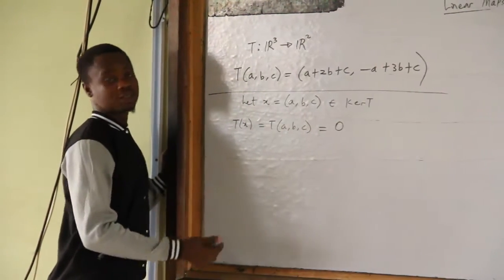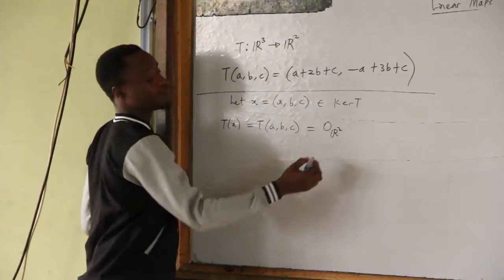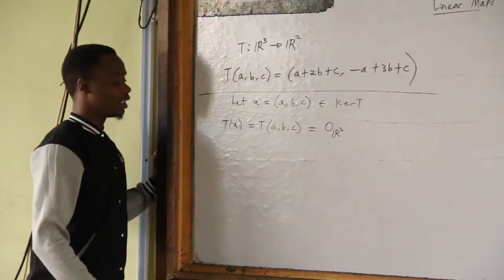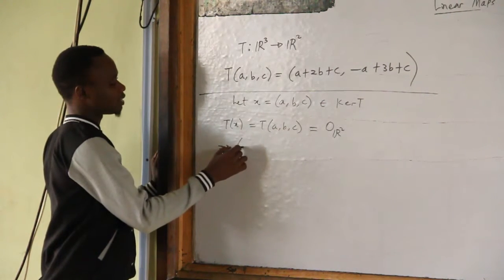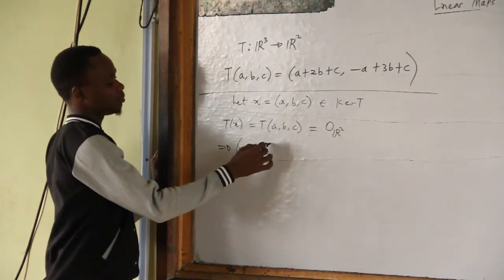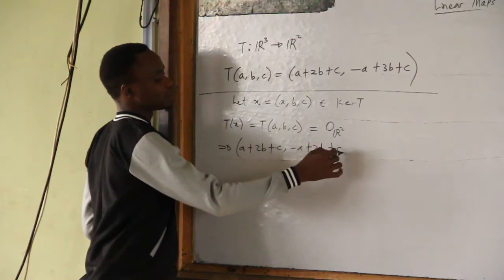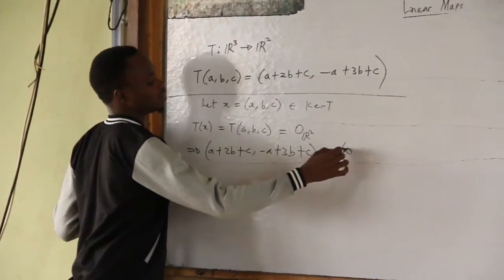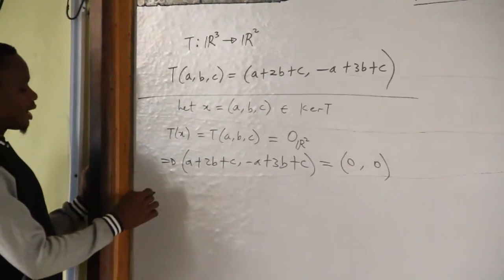We are going from R3 to R2, so the 0 there will be the 0 of R2. So that means I have T of A, B, C, that is A plus 2B plus C, minus A plus 3B plus C, equal to 0, 0.